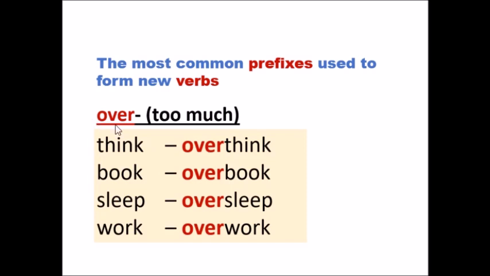Over means too much of doing something. Think, overthink. Book, overbook. Sleep, oversleep. Work, overwork. What we have done, we have added a prefix to the verbs to form another verb, or to change the meaning of the verb.